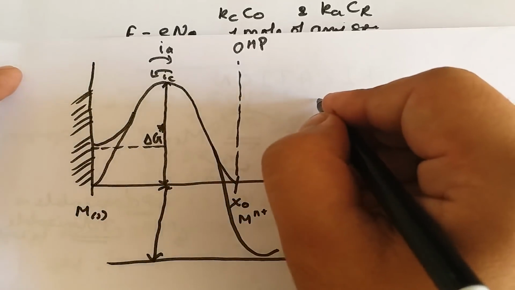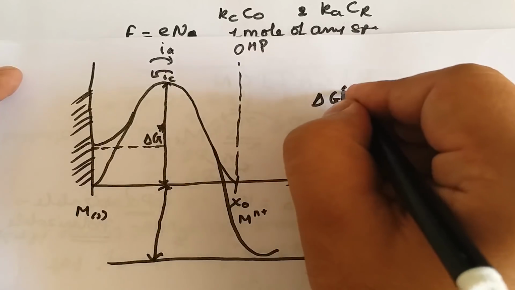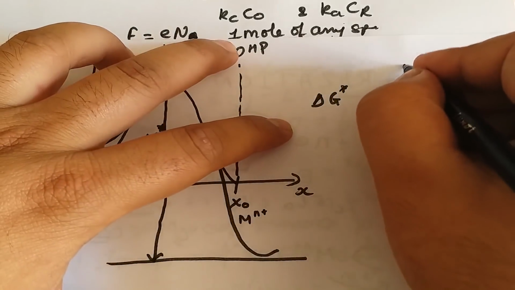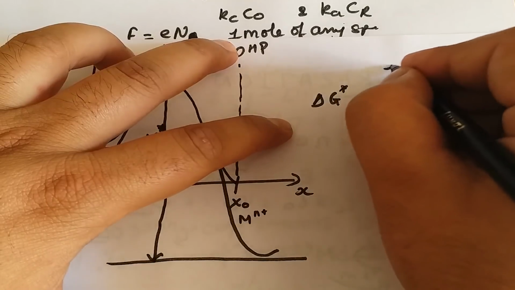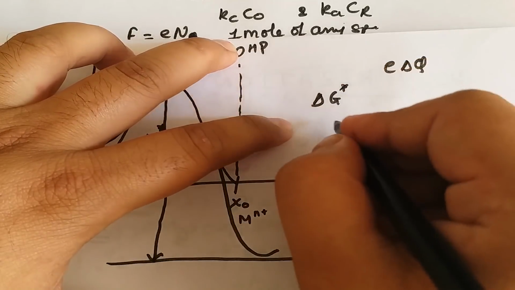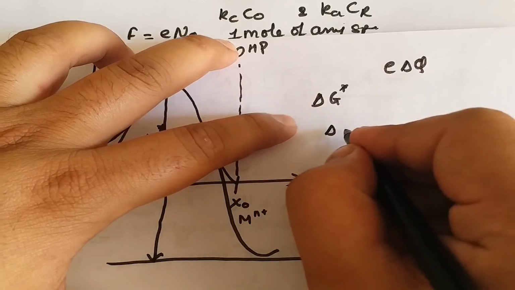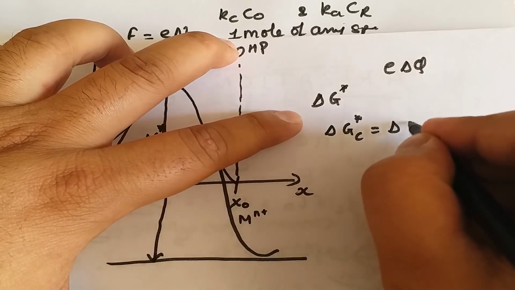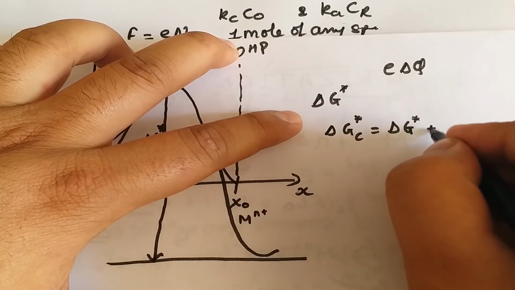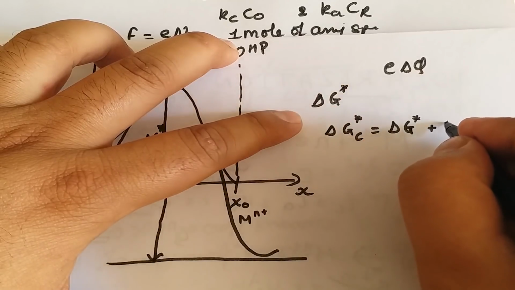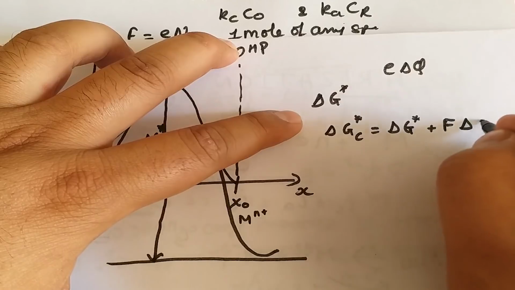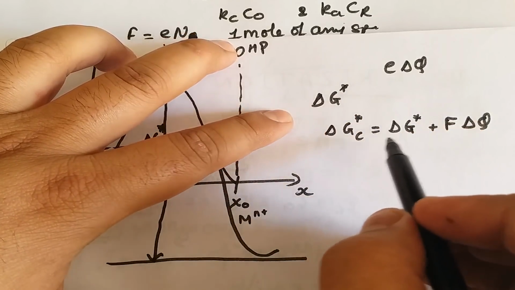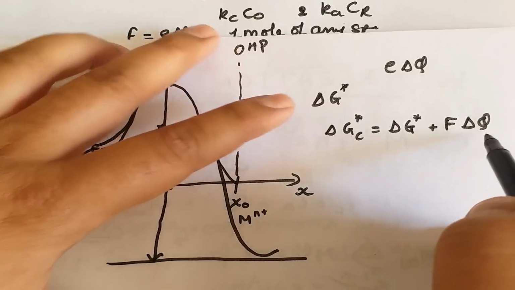Earlier our activation energy was delta G star, and the work done is E delta phi. So for the cathodic process, delta G star C will be equal to delta G star plus, in place of E, I can substitute F into delta phi, because earlier we've seen F was equal to E. Hence I can write delta G star plus F delta phi.